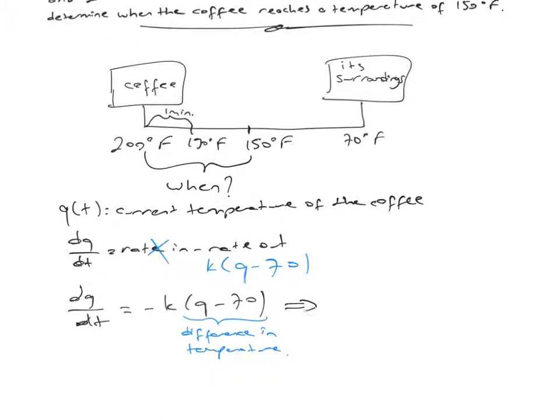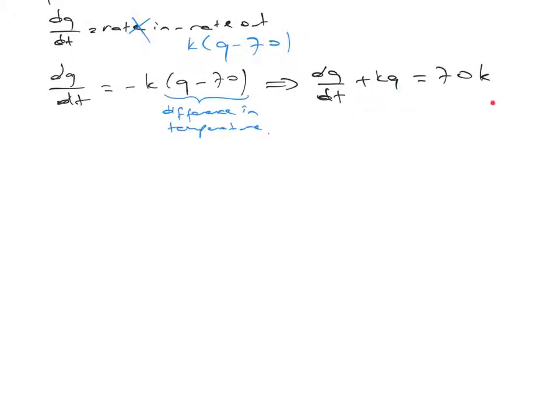So our differential equation is dQ over dt plus k times Q is equal to 70k. Since I have solved many differential equations in this form, I will directly write Q, and Q is equal to 70 plus C, the constant, times e to the minus kt.